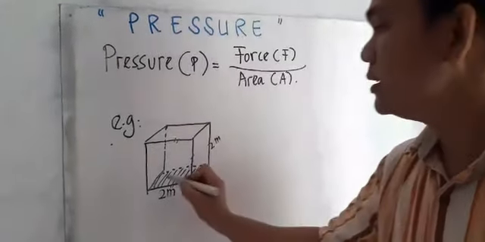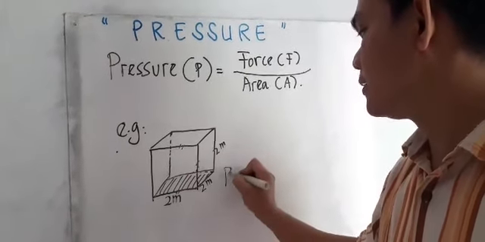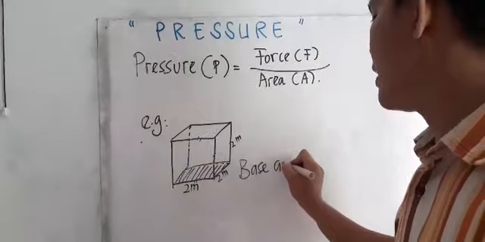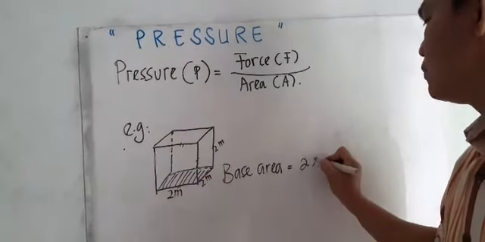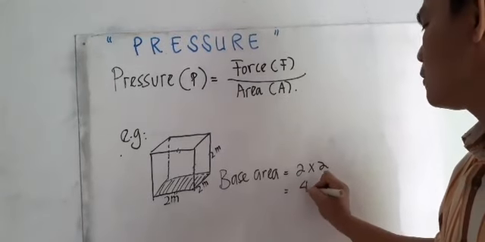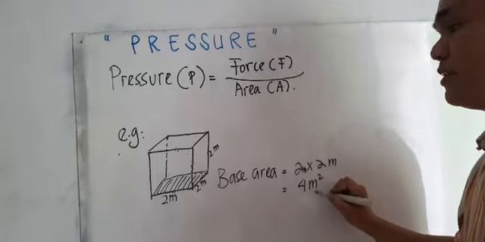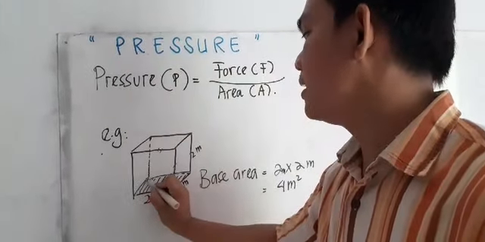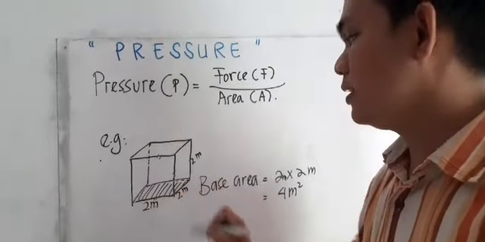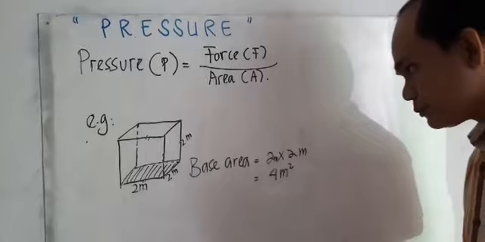Then the base area of the cube is 2 times 2, which is 4 meters squared. Remember that this is a cube, because the sides have the same length.